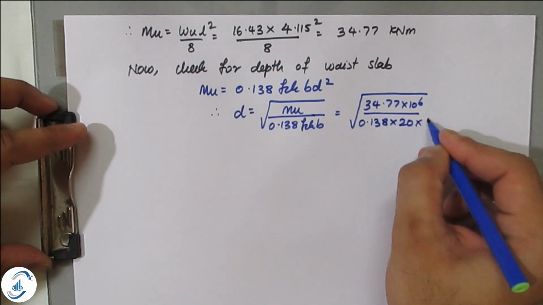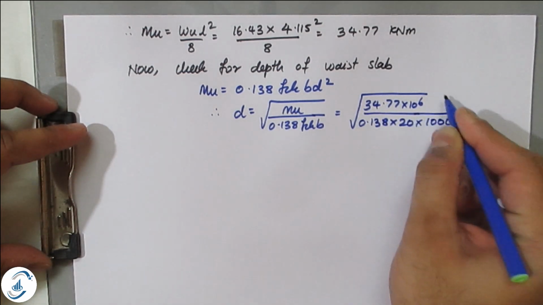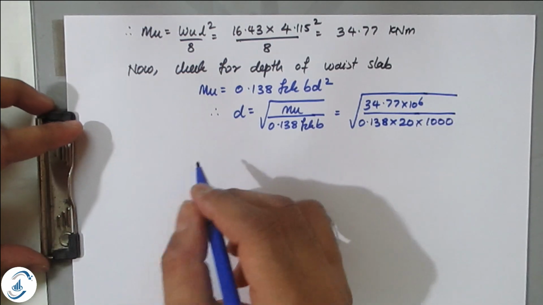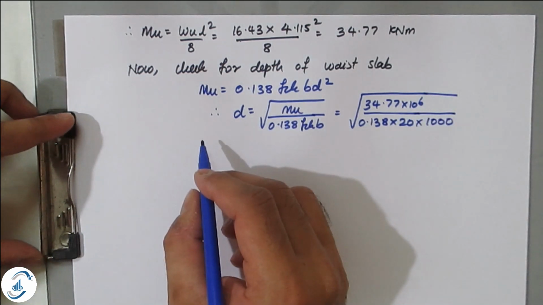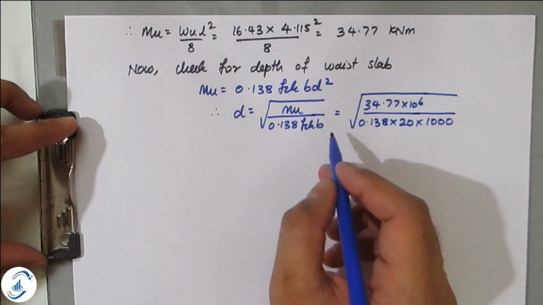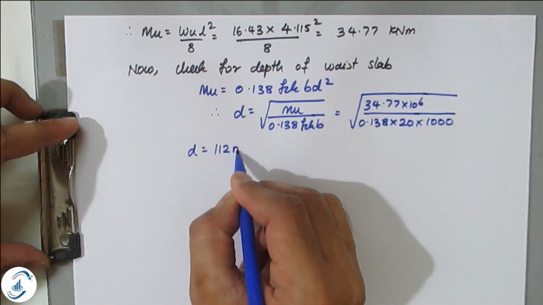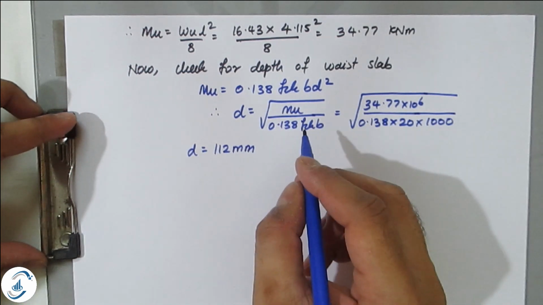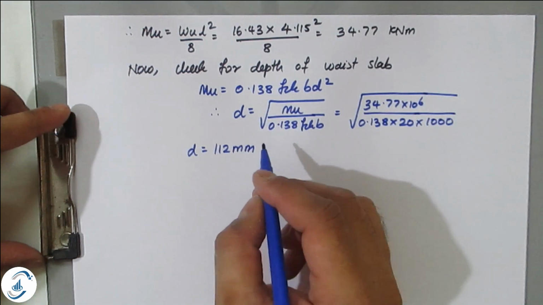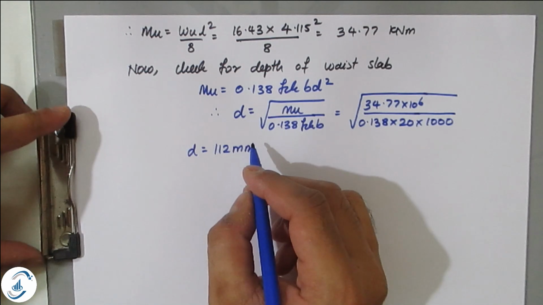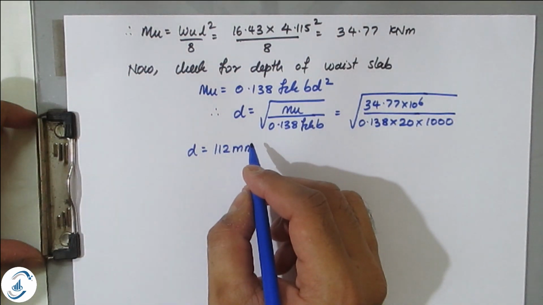B we will take as 1000 because we are designing it as a waste slab, and for a slab the width is always per meter width. So 1000 mm width you have to consider. Once you work this out, D comes out to be 112 mm, and the D provided is 200 mm. That 200 mm is inclusive of cover.